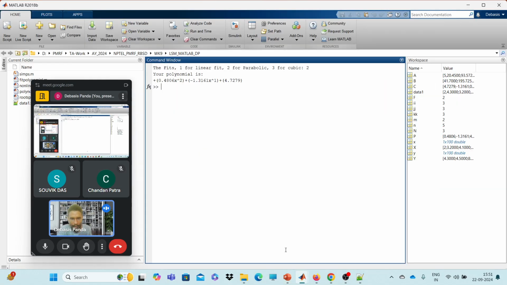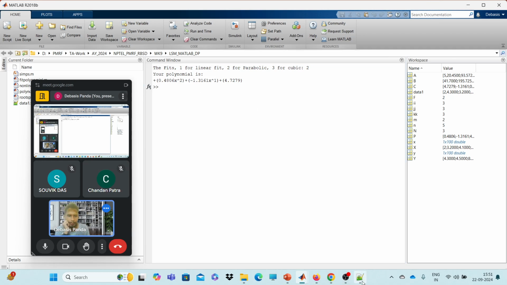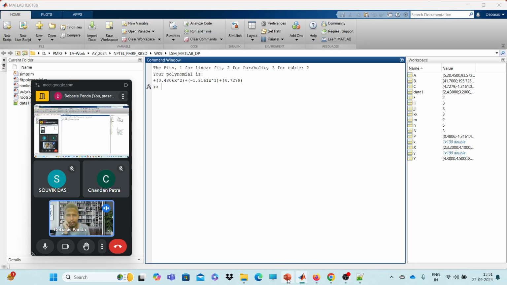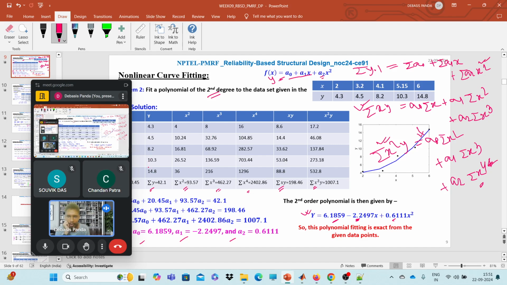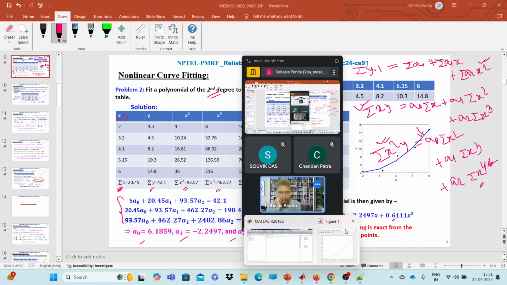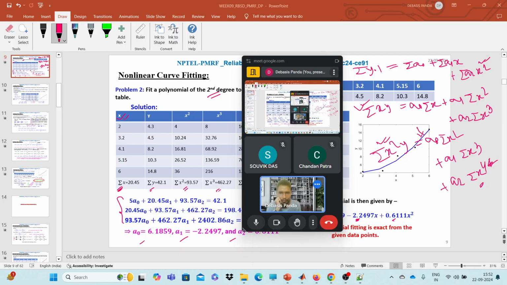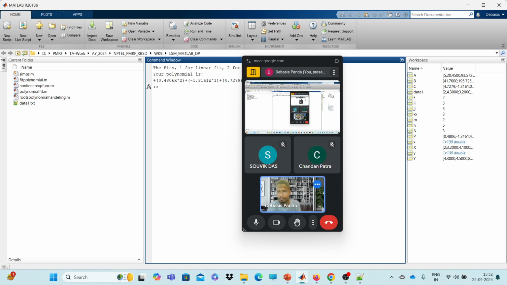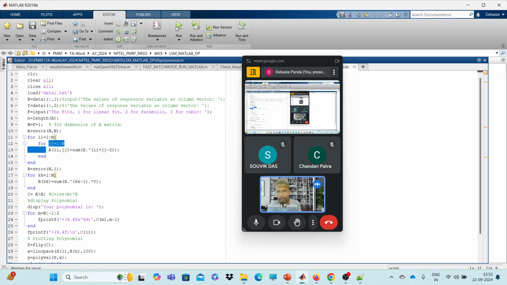There is a little bit of difference in data, like 14.4 here, where 14.8 was the data. If we replace it with 14.8 we will get the exact curve.